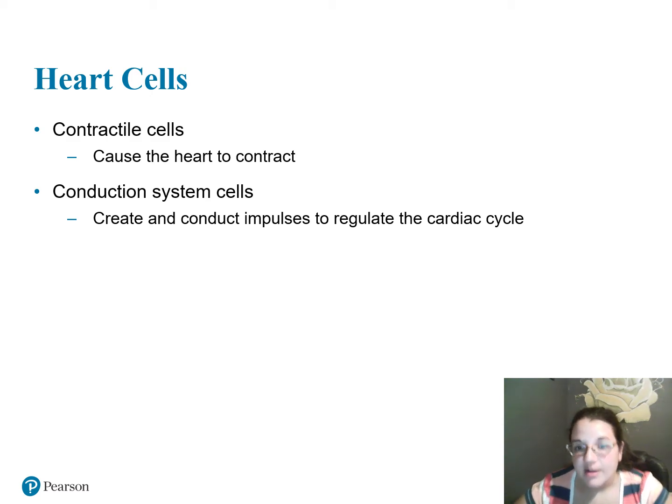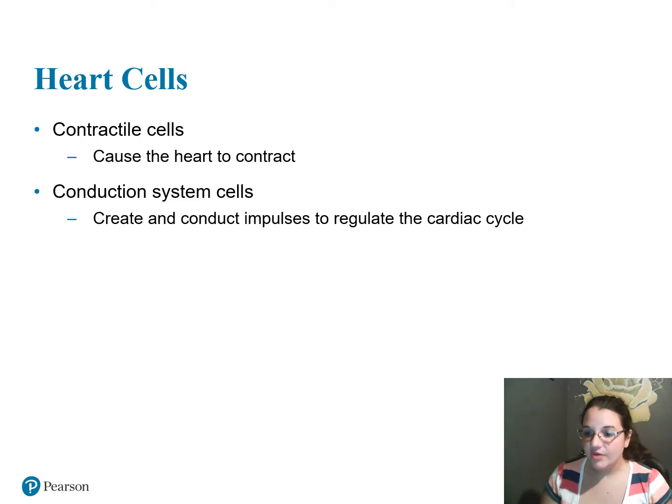Then you found out that we have 5 great vessels. You have your superior and inferior vena cava, and you have your pulmonic artery and pulmonic vein, and you have your aorta.